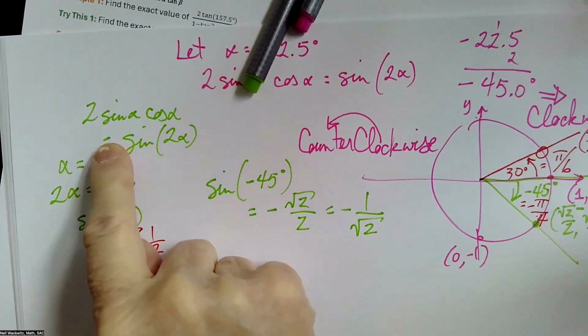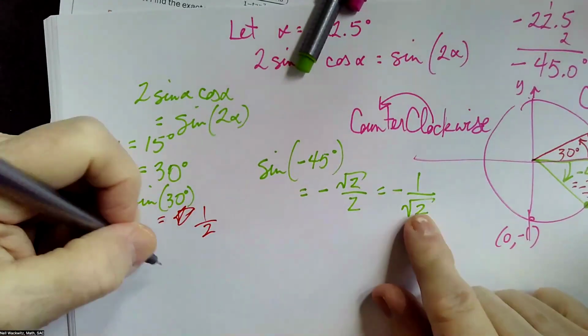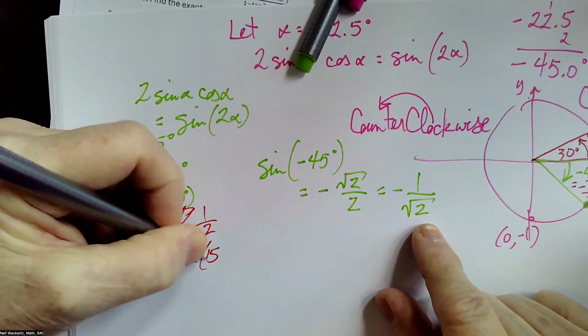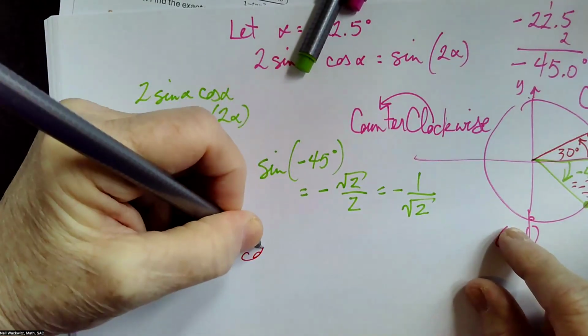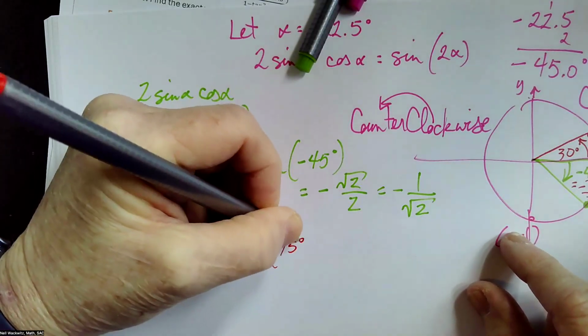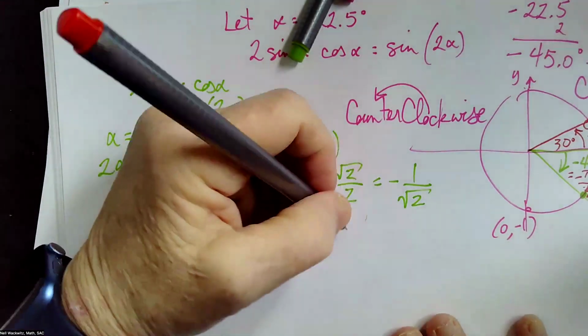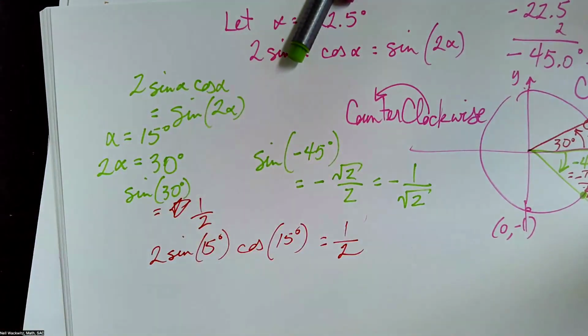And that means that 2 times the sine of 15 degrees times the cosine of 15 degrees is also equal to 1/2. Which is pretty cool.